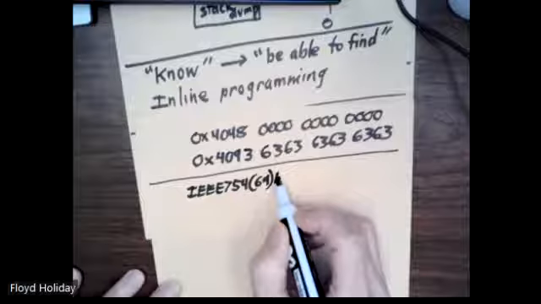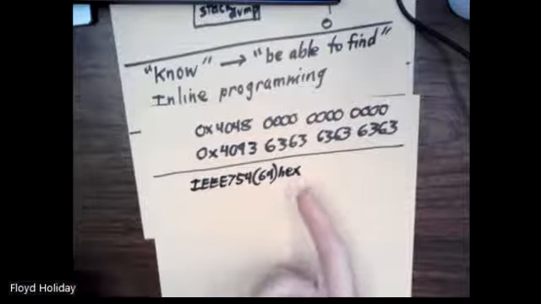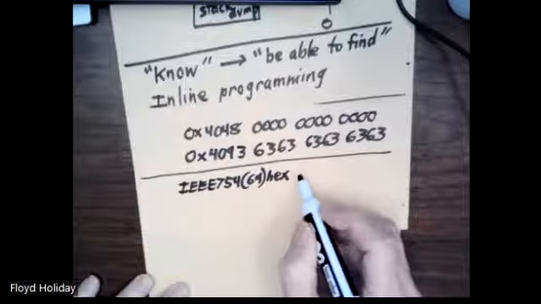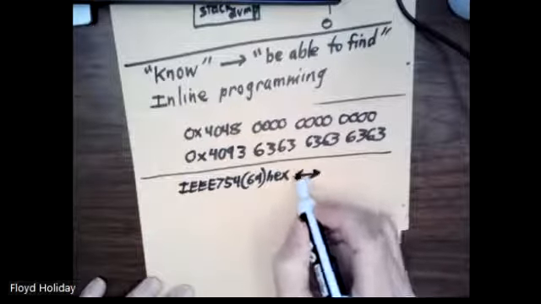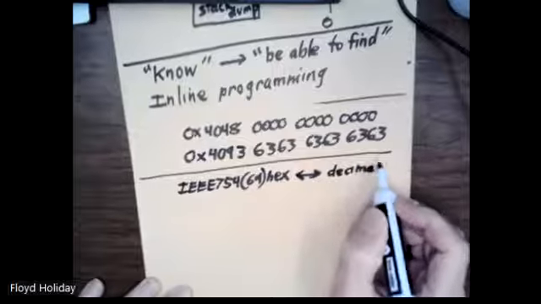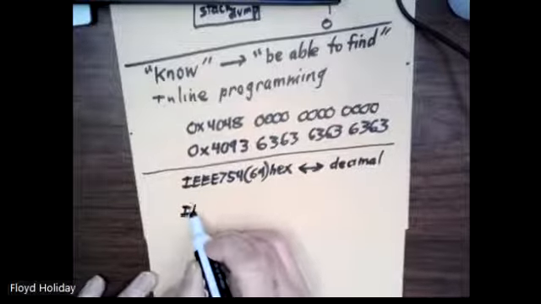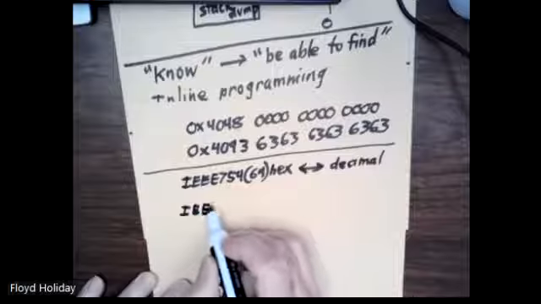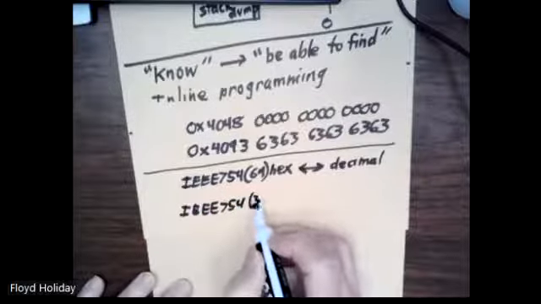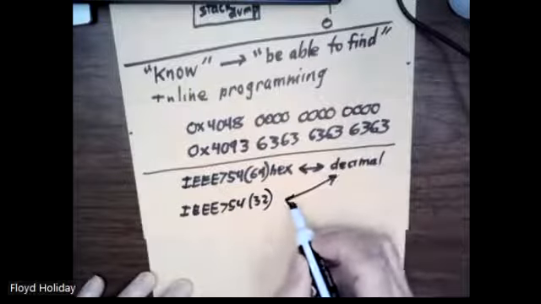Generally, when you write this, you write it in hex. Back and forth between decimal. And also the 32-bit kind. IEEE 754 32s. And back again. Okay.